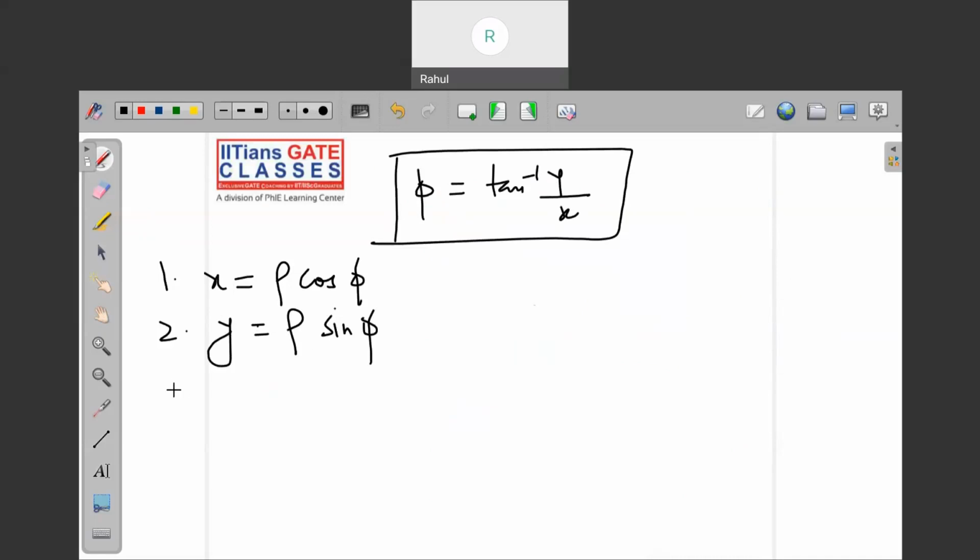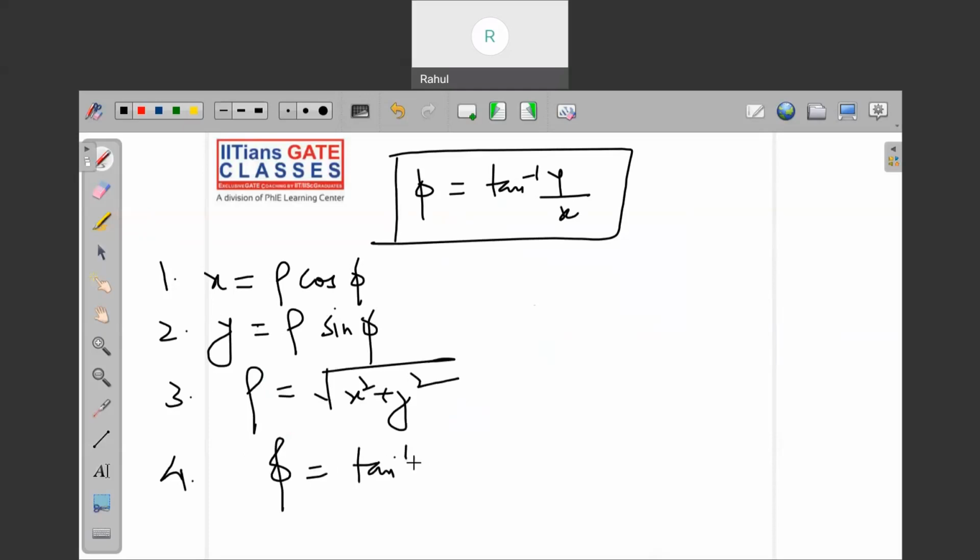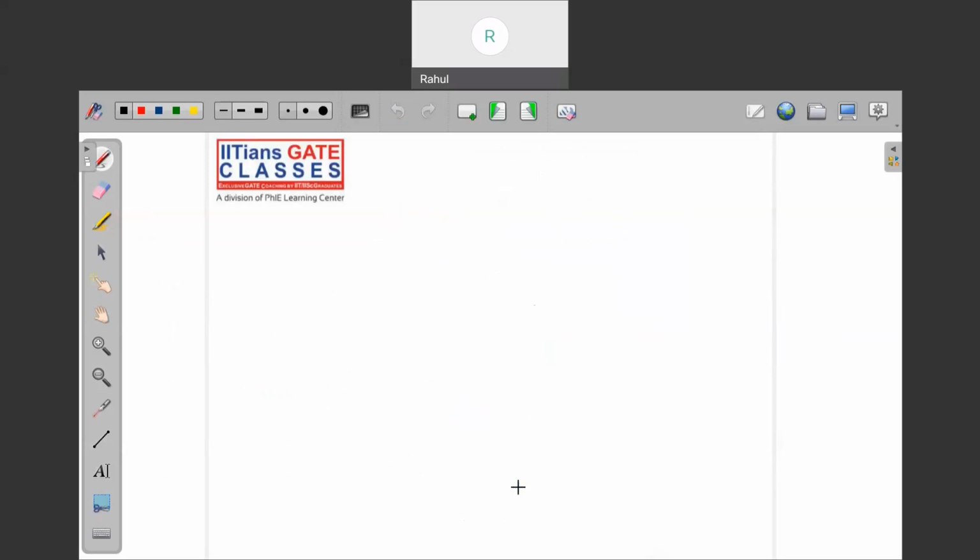The third is rho equal to under root x square plus y square, and the fourth is phi equal to tan inverse of y by x. I have told you how we are getting these. This is all about two-dimensional, so keep this in mind.